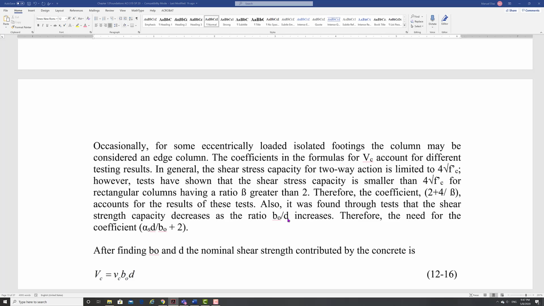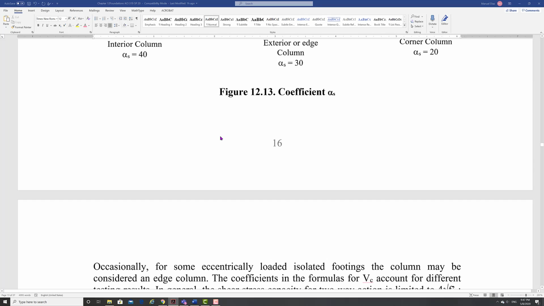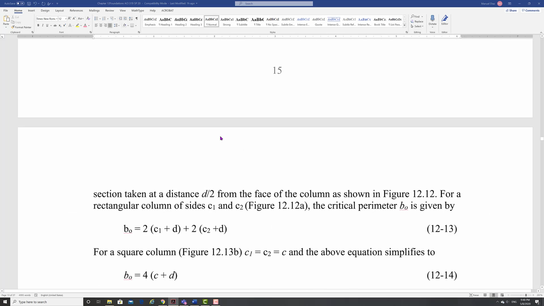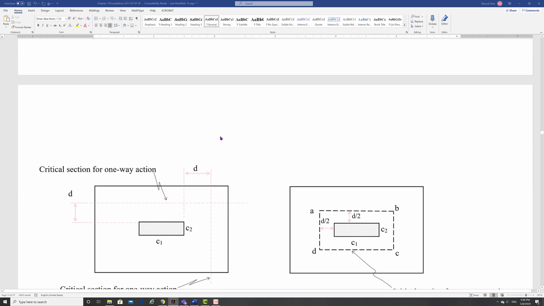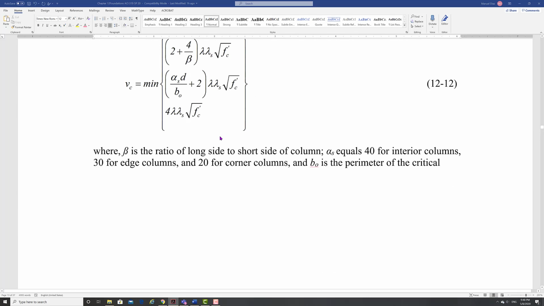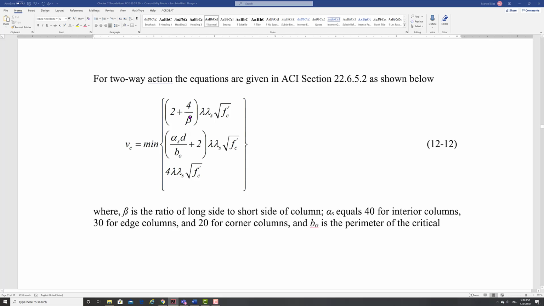Because it's reduced at one time. So you look at these formulas, notice that in order for this one to be smaller than the 4 that you got here, this one has to be greater than 2. So you have to have a rectangular section that is more than 2-to-1 ratio. Then this one controls. Otherwise, this is going to be bigger than 4.